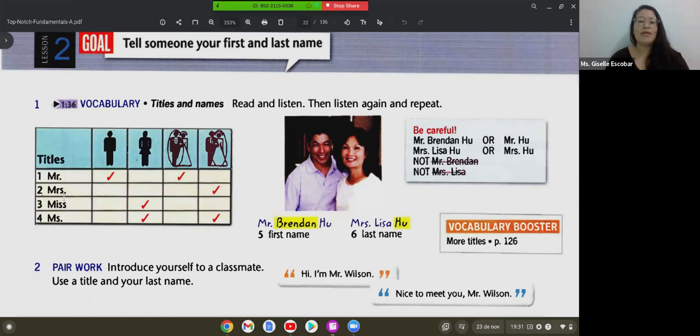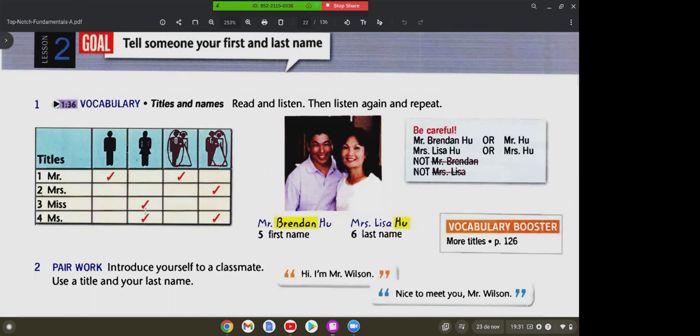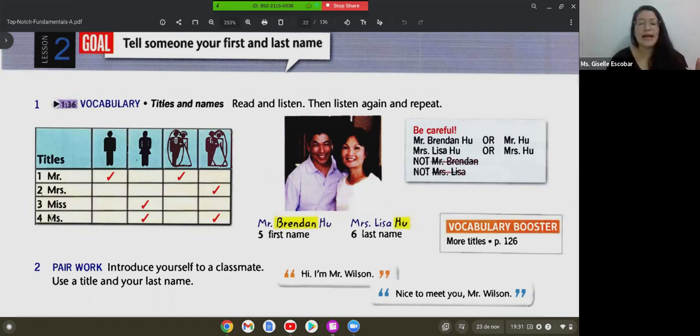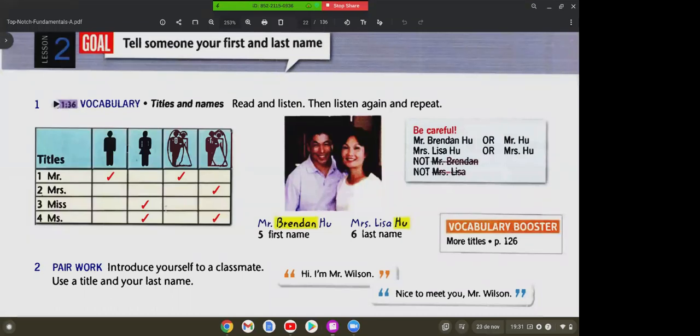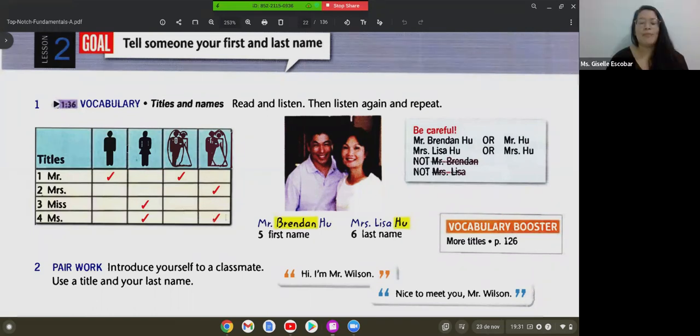Les explicaba la diferencia entre el número 3 y el número 4, que es el mismo: Miss se utiliza para señorita. Y para la abreviatura, lo utilizamos para una persona joven, en este caso una mujer joven, una señorita, que ya está casada, o simplemente para utilizarlo como la abreviatura de Miss.